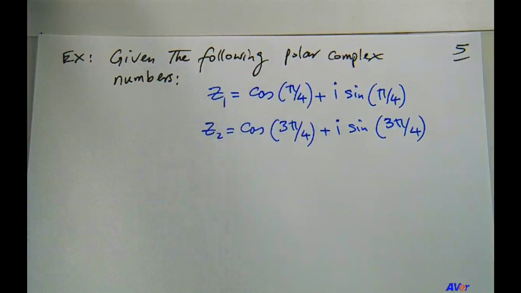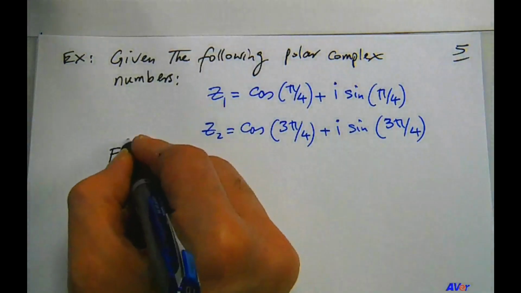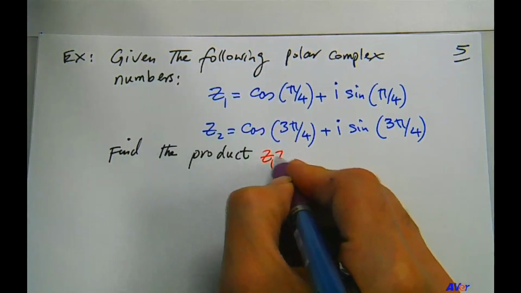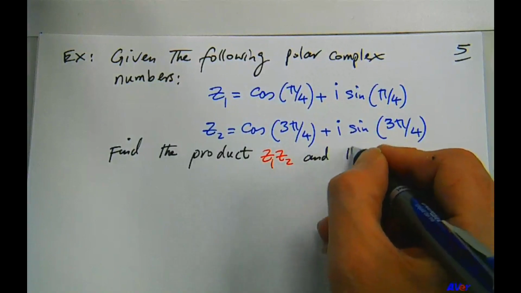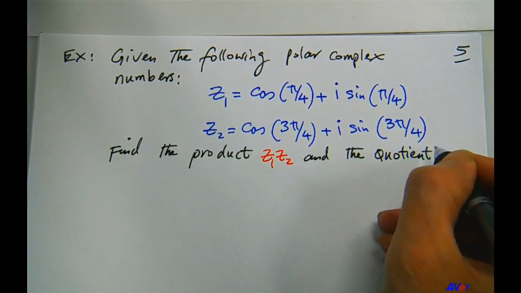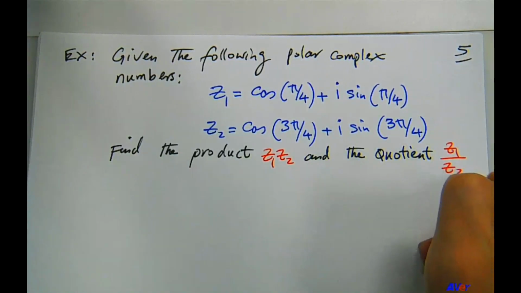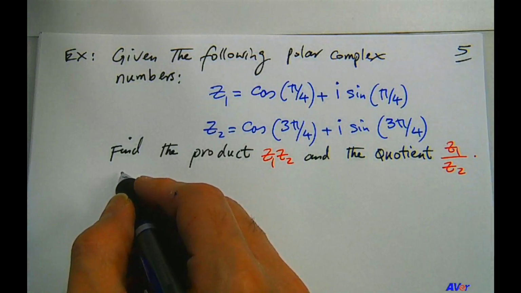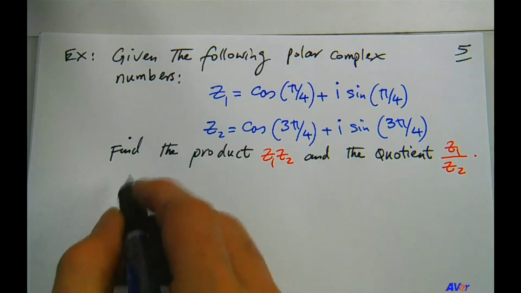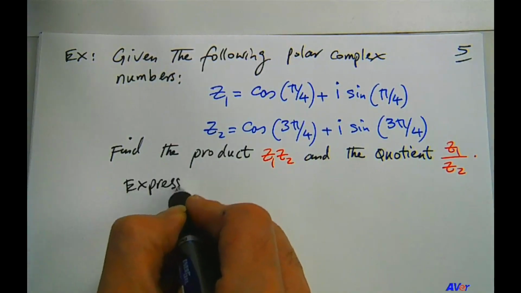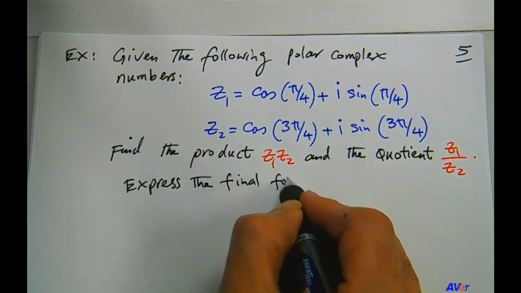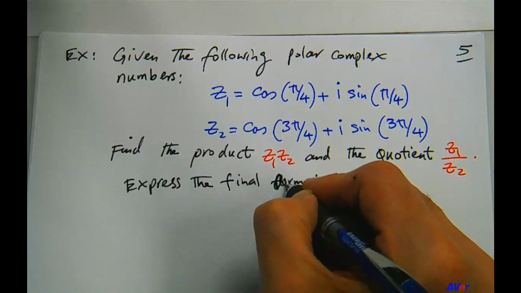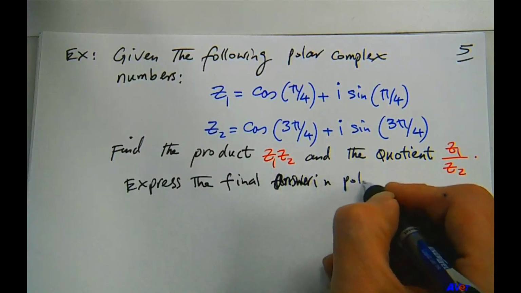so given the following polar complex numbers, we want to find the product Z1 Z2 and the quotient Z1 over Z2, and we want to express the final answer in polar form.